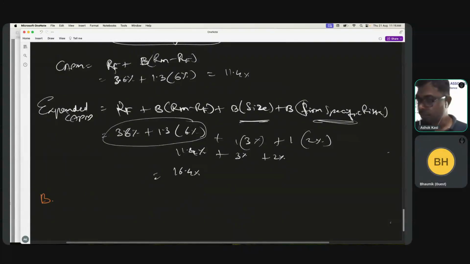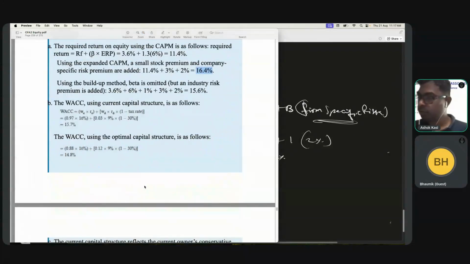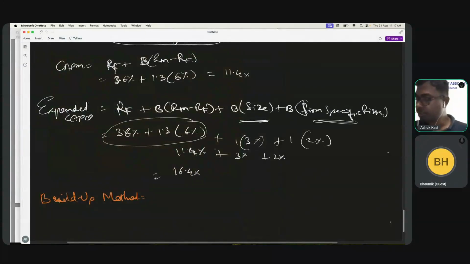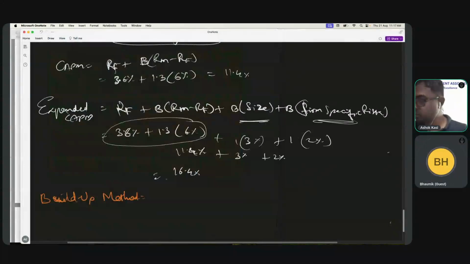Then build-up. In the build-up method, you will not use beta; beta will be considered as 1. So here it is risk-free plus (RM minus RF).